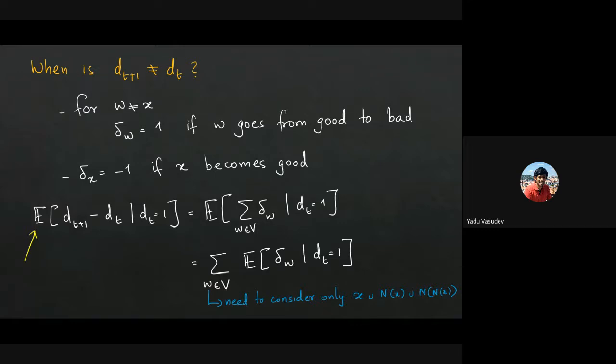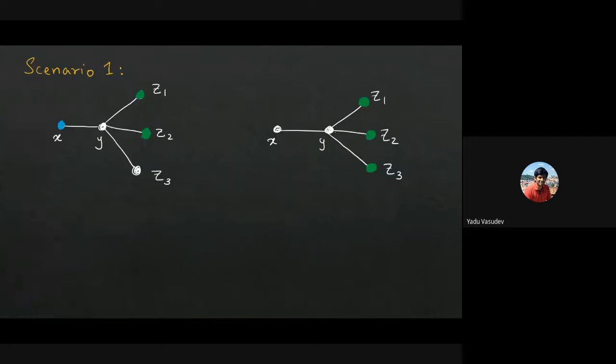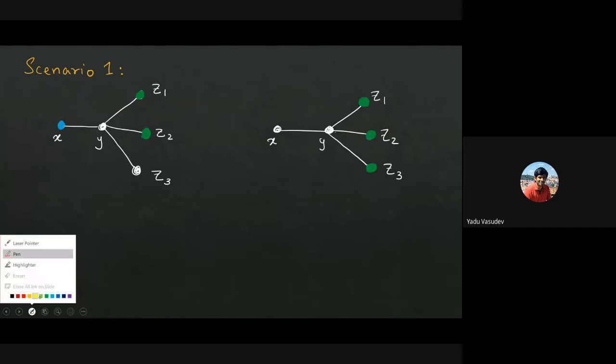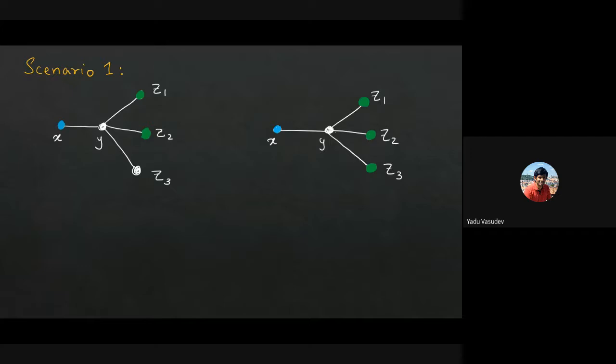Let's try to understand the different cases that will arise. This is the first case. You have the vertex X, and X is in the independent set, X is in I_t.